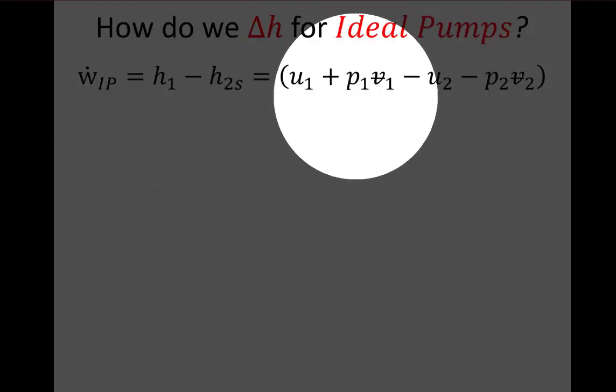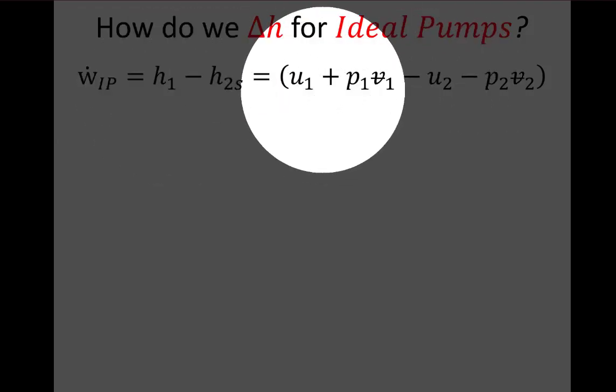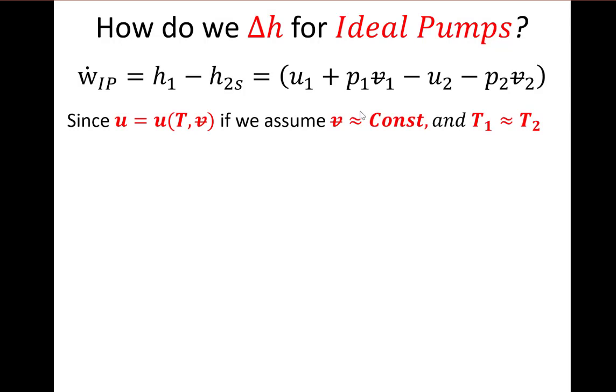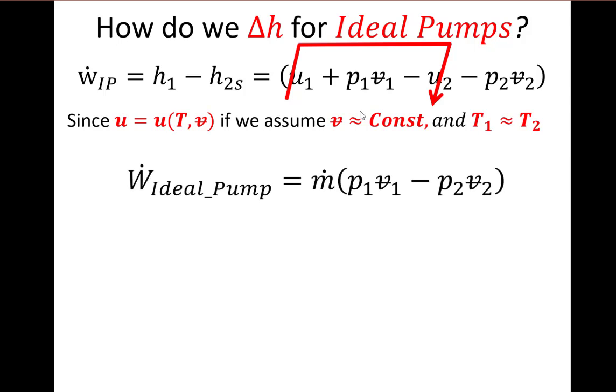But H is really U plus PV, right? So here, because we assume that the temperature is approximately constant across this ideal pump, we get that the specific volumes are the same. But we're also going to say that the specific internal energies are the same, so that's going to drop out. So then we get this equation that for the pump power, it's m dot times P1V1 minus P2V2.